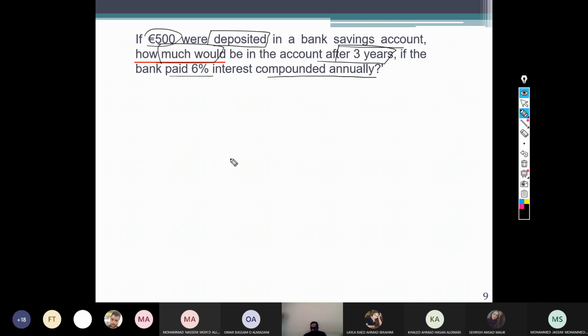So in this case, you deposit, right? What do you want? How much would be in the account after 3 years. I don't put the amount, even if I solve it, because I'm trying to develop it. The interest, because it's an investment, I'm depositing to get back.